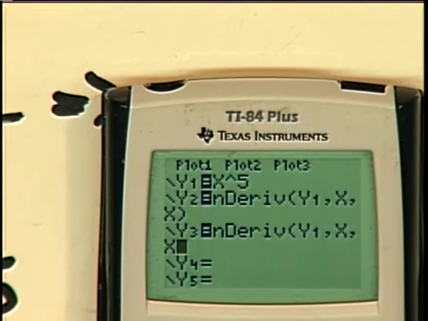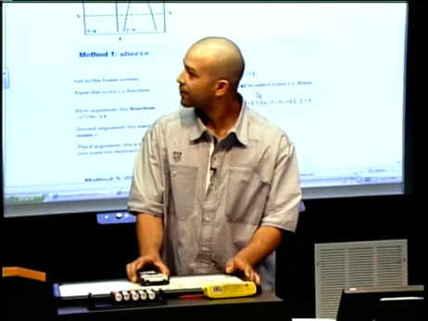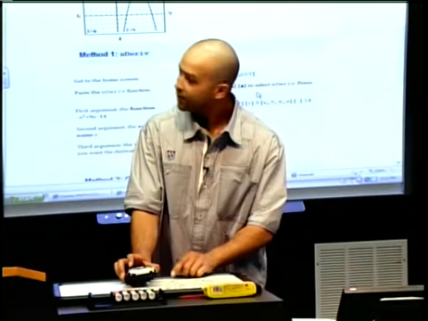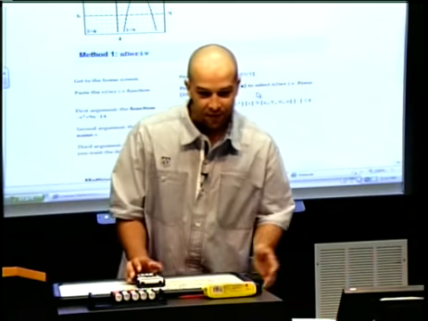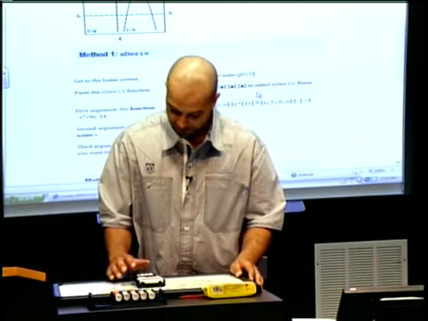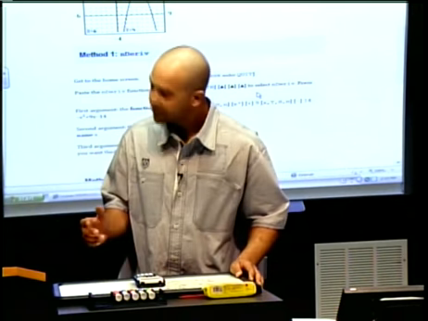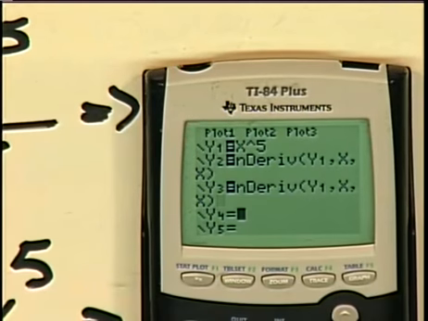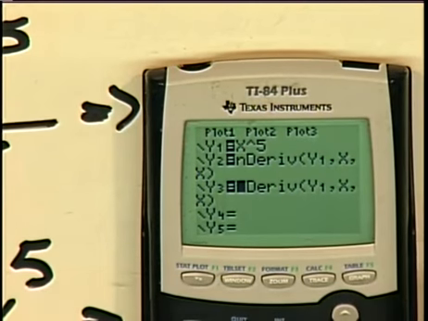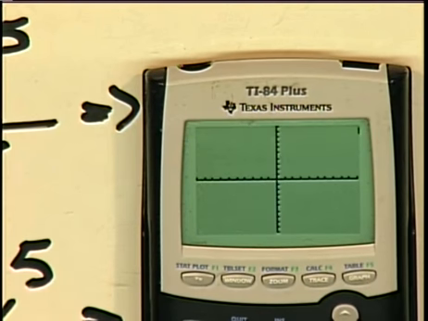That last x would be if you were looking to plug something in for x. If we were looking to plug something in, you would put the 6, if you wanted to find that. And then close parentheses.